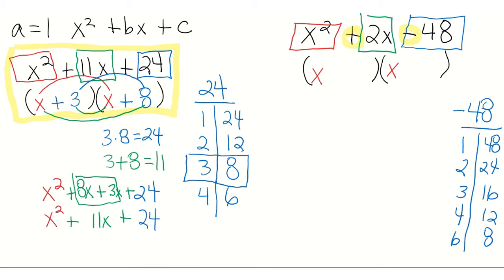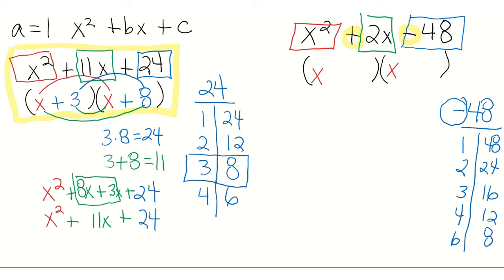So when I'm choosing my factors to figure out what to add, I'm actually doing a subtraction problem because this is a negative number. So because this is negative, instead of adding these together, I'm going to see when I subtract these two, what is going to give me a positive 2.